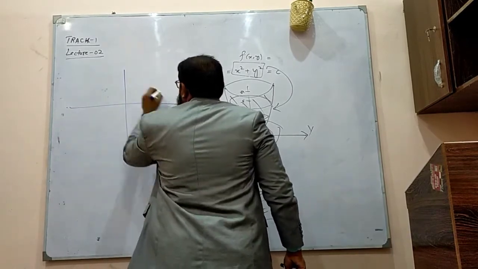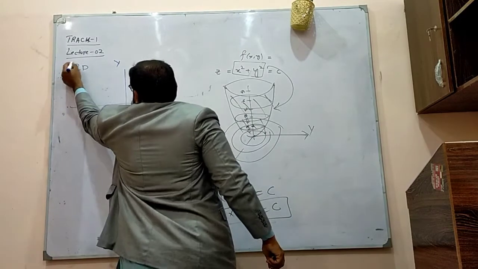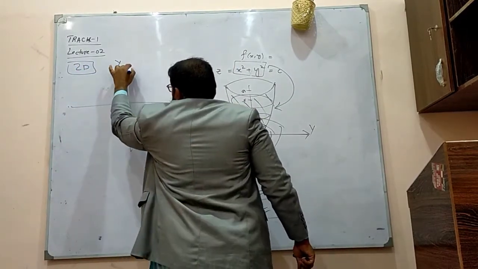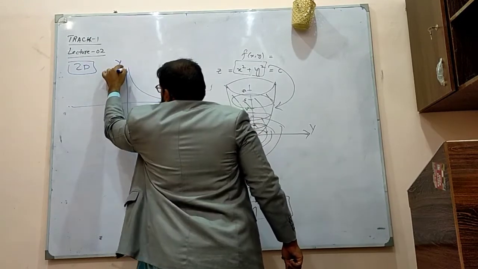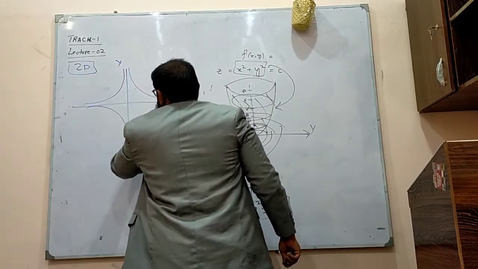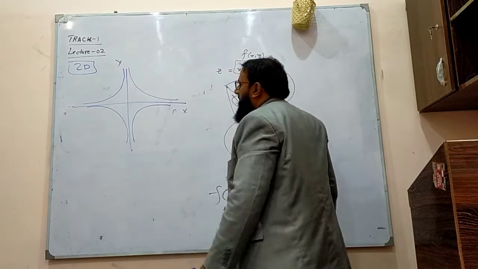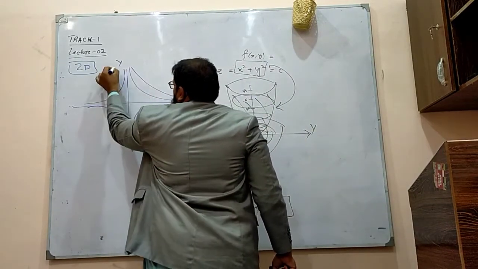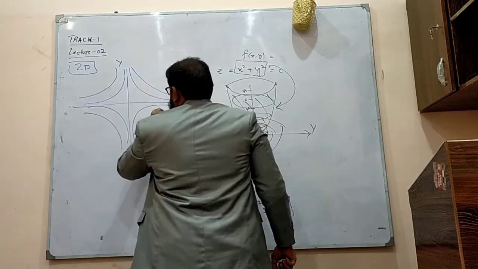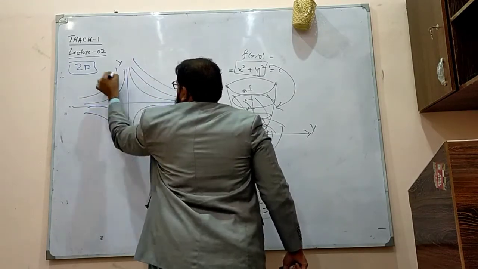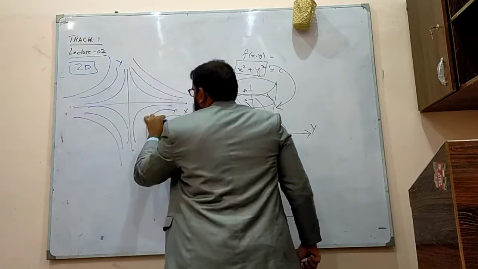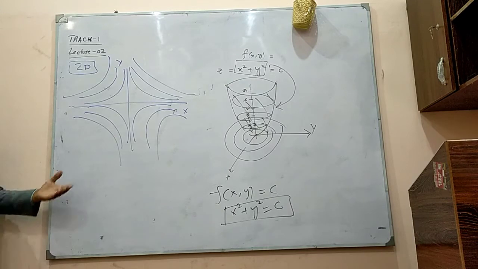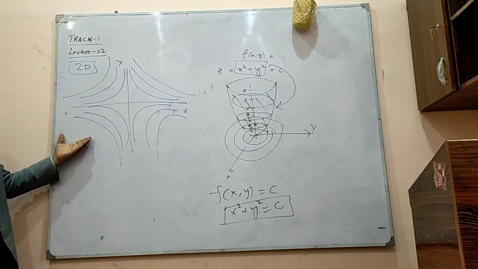So I am taking an example in the 2D case. I have these contours. Let's say one is this. Do you have an idea about these graphs?